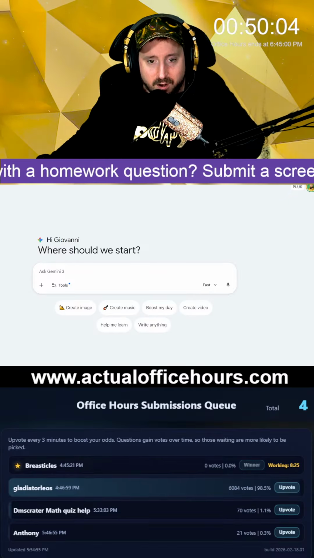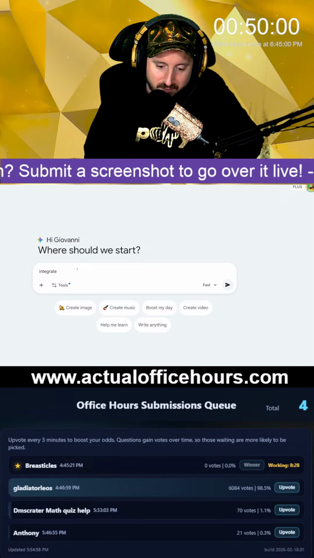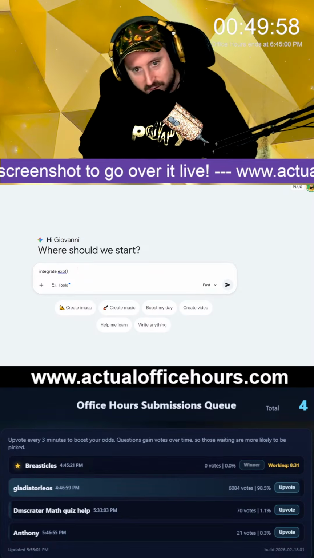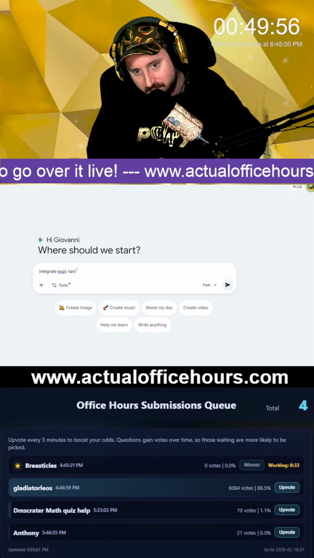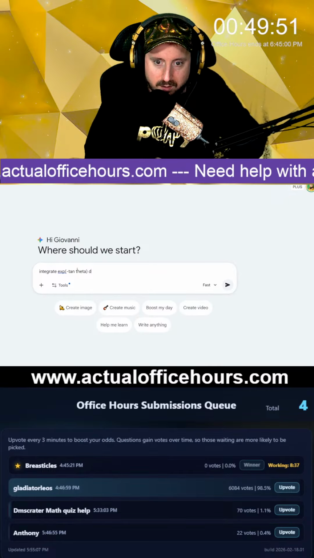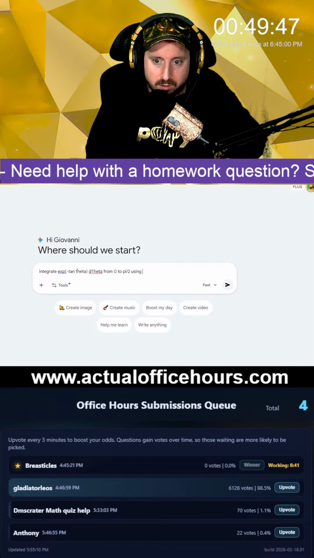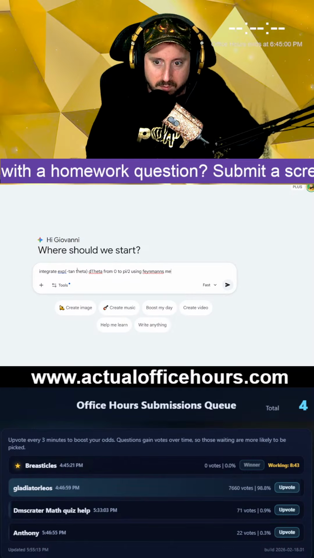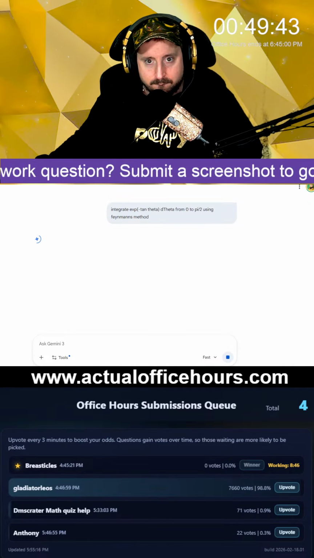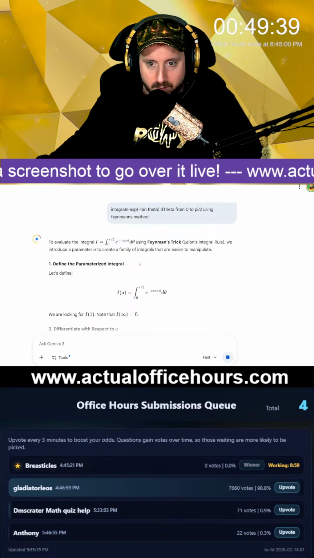Differentiate the integral sign. I hardly know the integral sign. Here, let's integrate exp of negative tan theta d theta from 0 to pi over 2 using Feynman's method. I don't know. Okay, here we go.